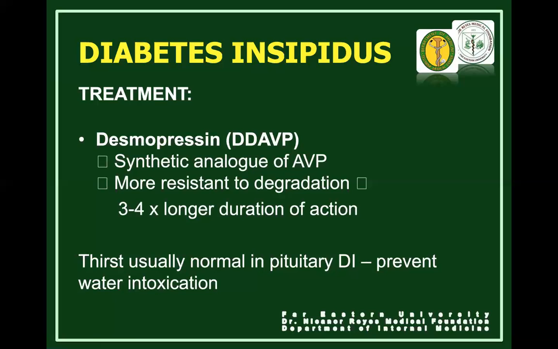Or sometimes if the desmopressin is given every 4 or 6 hours, then you can have a lot of water retention. So you have to assess the response of individual patients so as to prevent water intoxication. However, thirst is a very important parameter, because during the time that the patient is thirsty, that's probably the time wherein you have waning of the effect of your desmopressin.